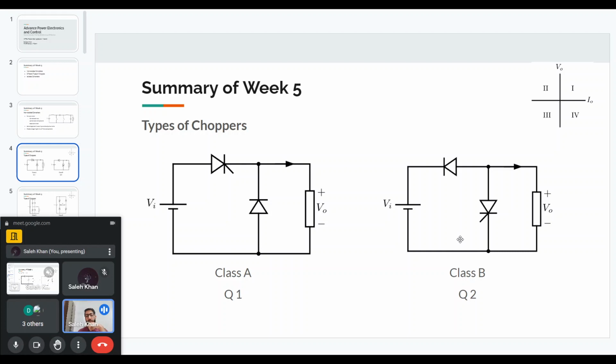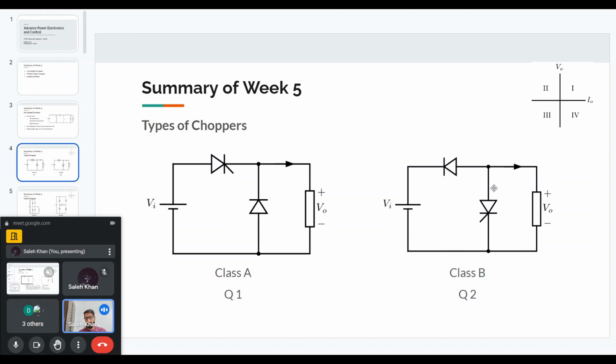The class B chopper: since it has an inductor, it's an RL load or an RLE load. If you imagine an inductor here, you can see that from the load to the source side, to the input side, it is a boost converter. That means the power will be transferred from output to input.